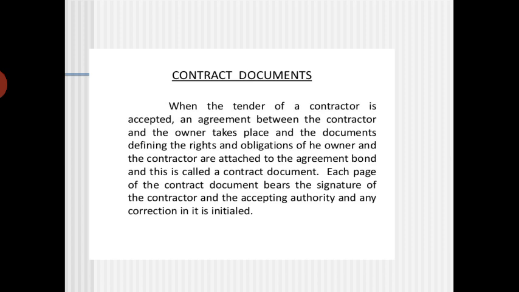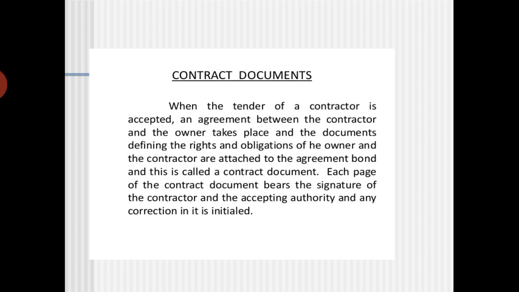Contract documents. When the tender of the contractor is accepted, an agreement between the contractor and the owner takes place, and the documents defining the rights and obligations of the owner and the contractor are attached to the agreement bond. This is called a contract document.